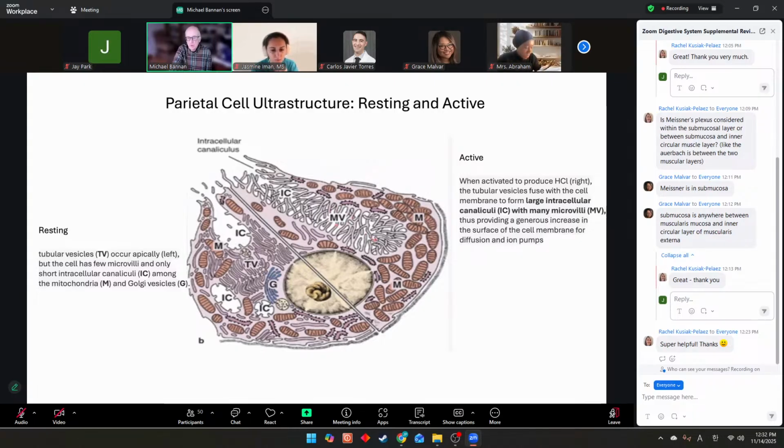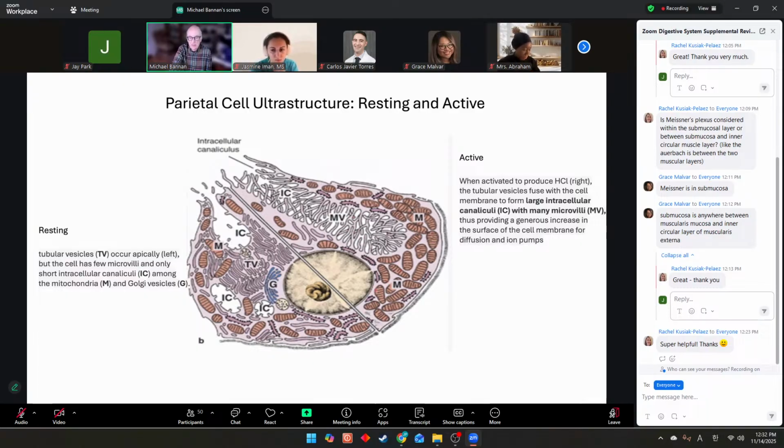And because this process involves pumping ions to create hydrochloric acid, that pumping ions against gradients requires energy. So there are also numerous mitochondria in these parietal cells. Okay, so those are the most important ultrastructural features of the parietal cell. An intracellular canaliculus with microvilli and mitochondria.